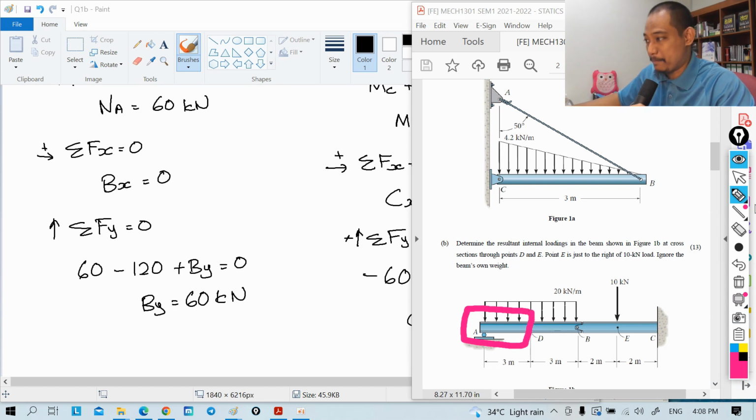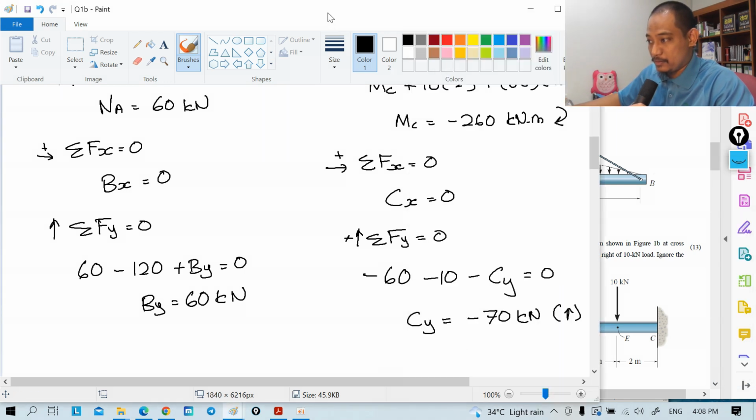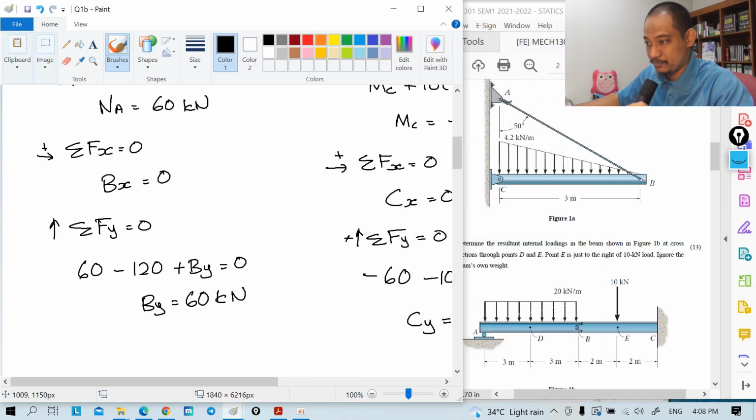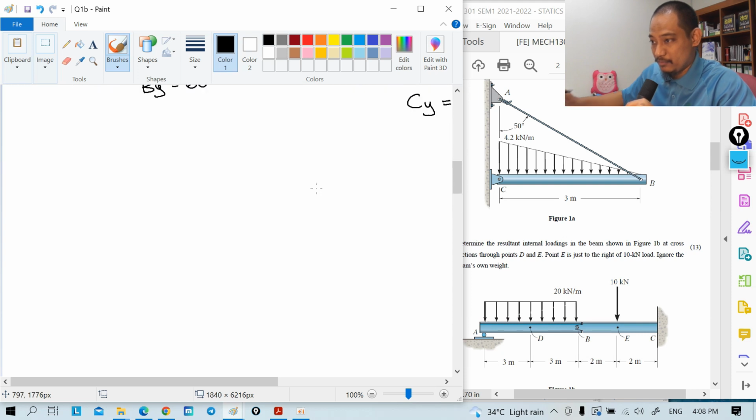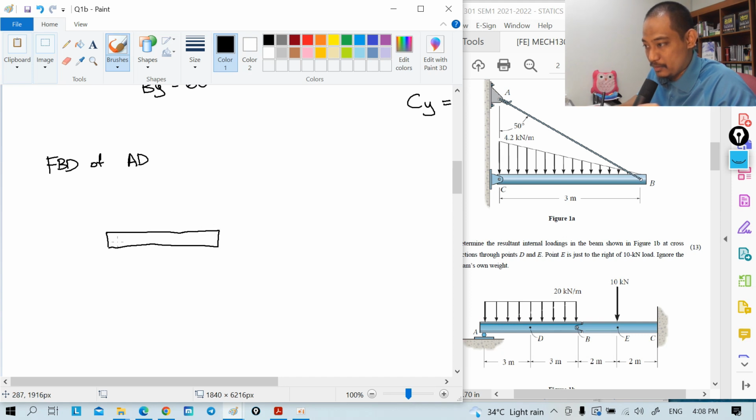If you take that part, the free body diagram of AD, after you cut, you have A to D, and here you will have VD and MD.